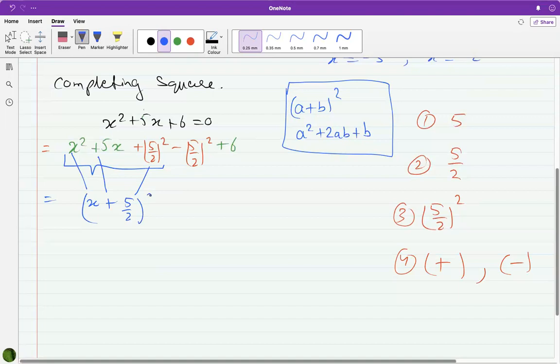Give it a second and see if you open this using the algebraic formula, will you get the previous equation? Like if we can open it to this, we can close this back to a plus b whole square mathematically, obeying the law of reversibility.